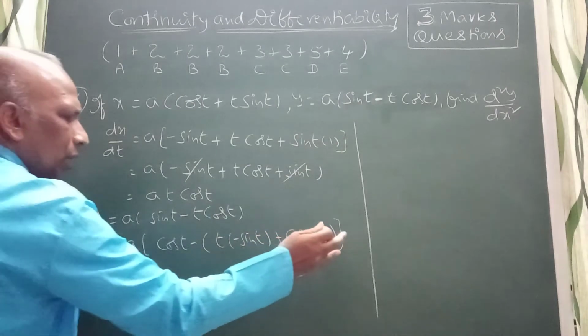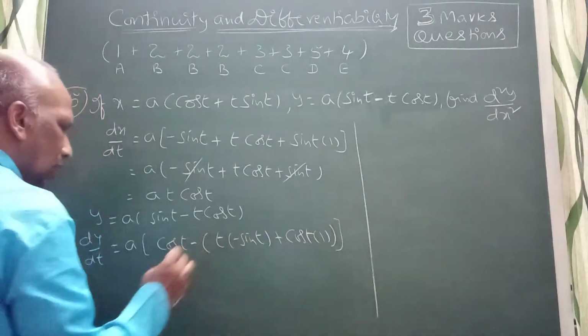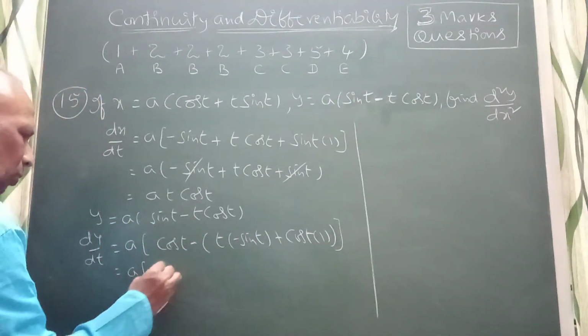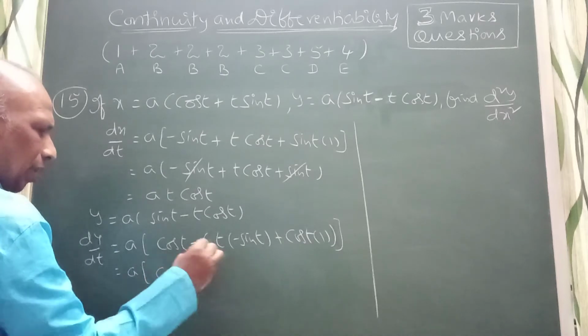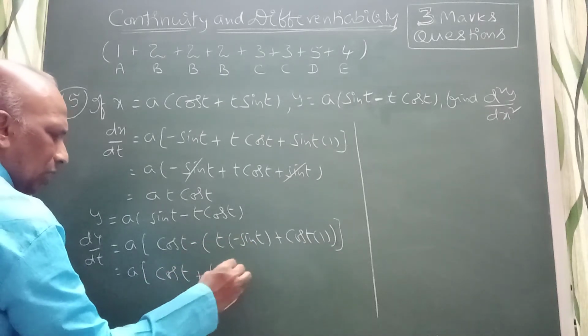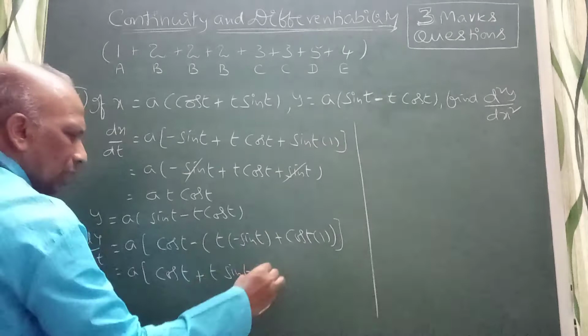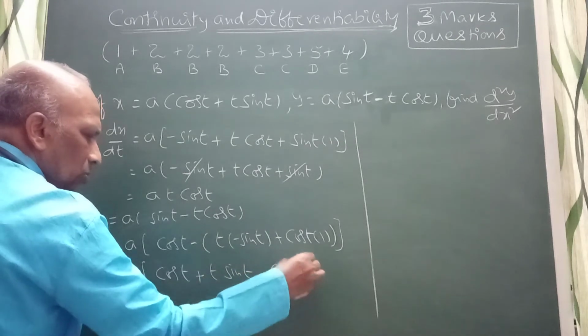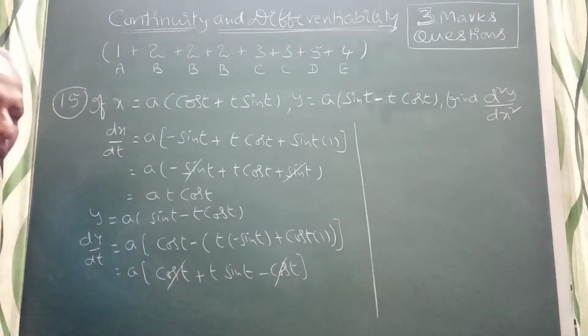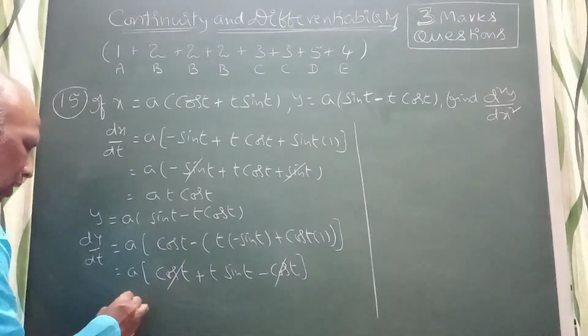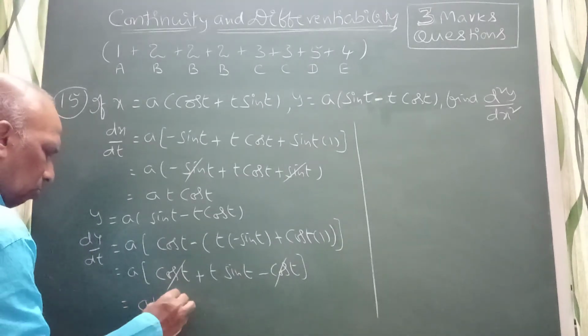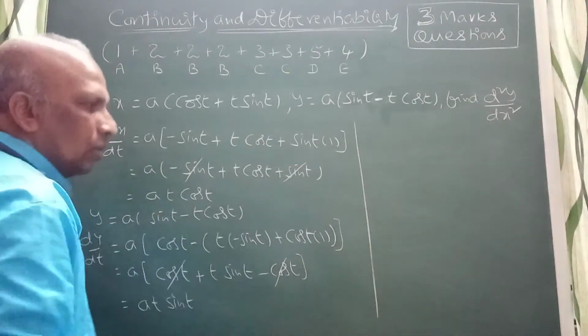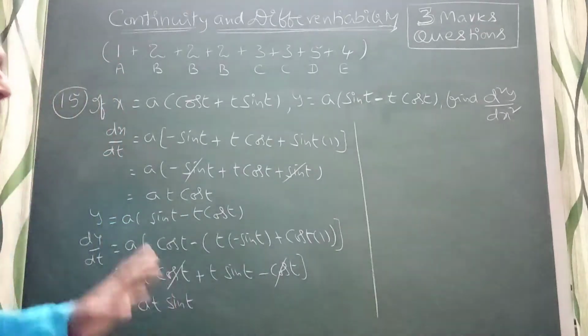Check the bracket here, understood? Because minus is there, I can write a into cos t minus of minus t sin t plus cos t. Cos t minus cos t gets cancelled, right? You will get a t sin t. It is fine here.